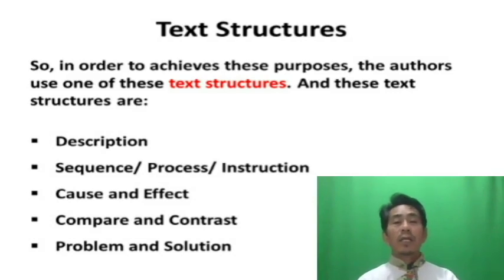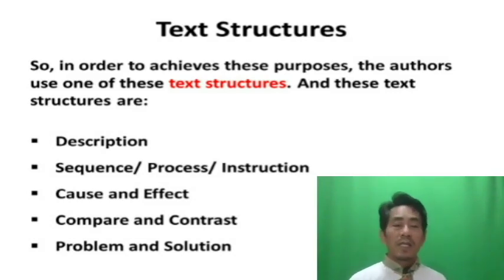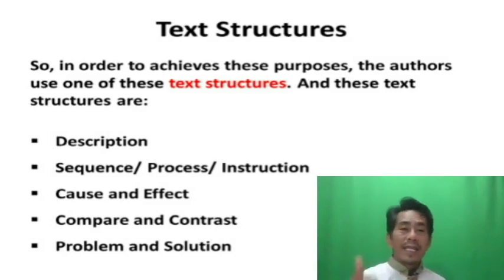Second purpose, to inform. Third purpose is to tell a story. So in order to achieve these purposes, the authors use one of these text structures. And these text structures are description, sequence, process, instruction, cause and effect, compare and contrast, problem and solution.